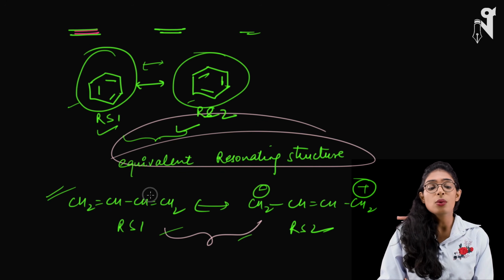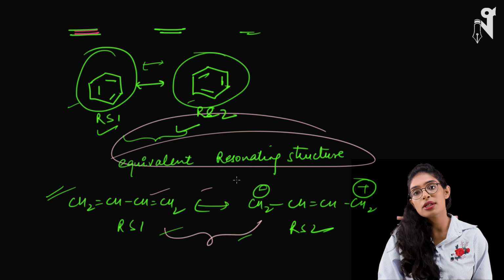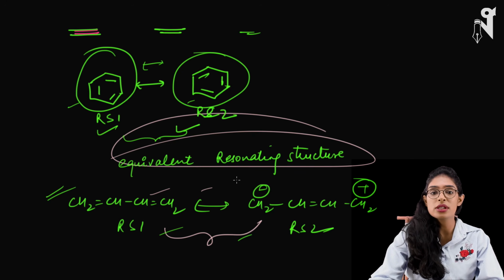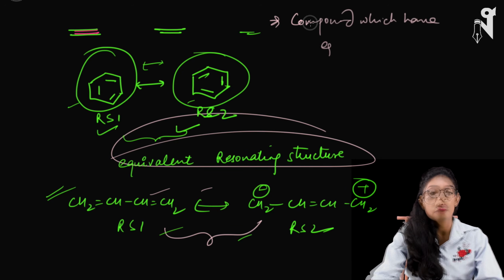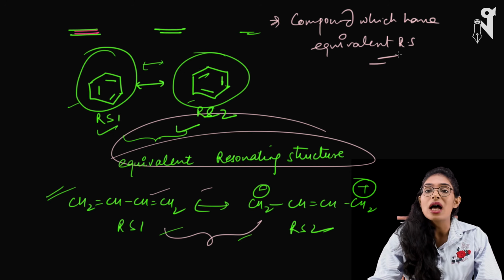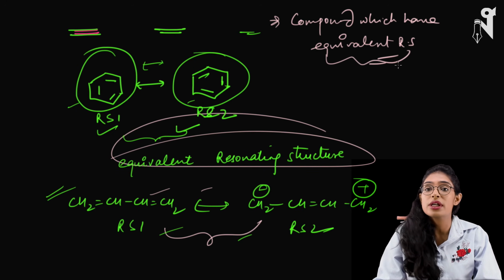Non-equivalent resonating structures are the ones where you can see a difference in the charges, positions of the double bond, and so on. So what does our next rule say? Our next rule says the compounds which have equivalent resonating structures are highly stable due to this equivalent resonating structure nature.